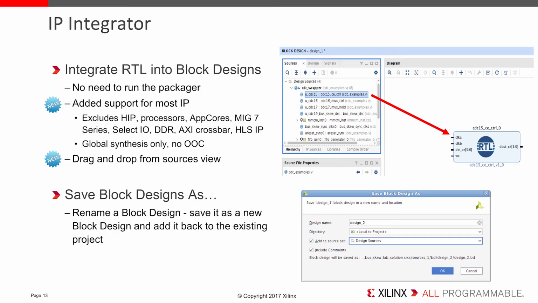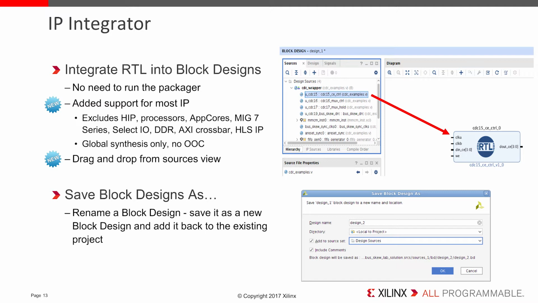In IPI, the feature to integrate the RTL modules into the block designs can now be done by drag and drop from the sources window. Also, there is no need to run the packager anymore in order to integrate RTL into BDs. The ability to add RTL modules as reference modules in the IPI has also been extended to include a much larger group of IPs.